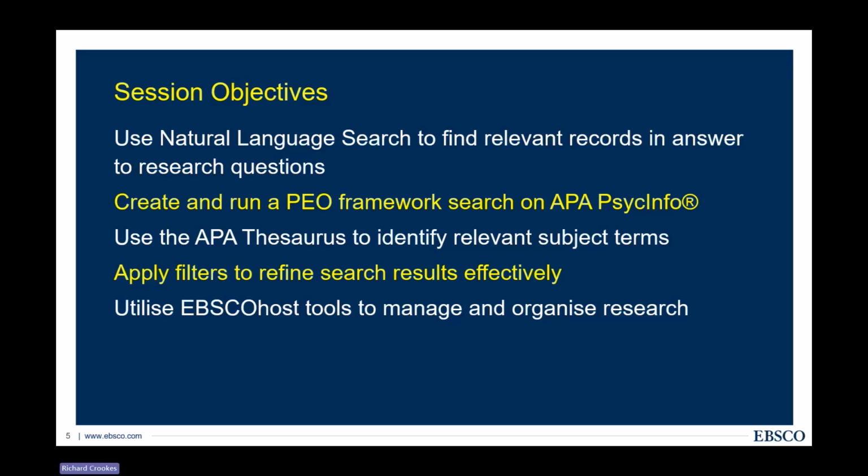Use the APA Thesaurus to identify relevant subject terms. So we'll do a combination of free text keyword searching with the use of the APA Thesaurus terms in our example. Also, the application of filters to refine search results effectively, and also utilize the EBSCOhost tools to manage and organize your research. So if you need to cite a record, download a record, export a record, etc., we'll go through those steps through the session.